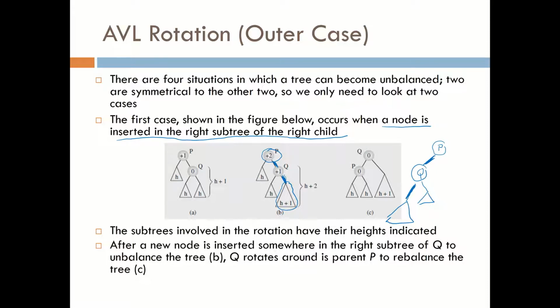Right? So this is the right subtree of P's right child Q, and this is the left subtree here of P's left child Q. So if we add the node here, then that causes an imbalance that is going to be fixed with a single rotation, and that rotation is to basically rotate P and Q. So you notice in this case, we've rotated P and Q in this fashion so that now Q is the root here and P is its left child, whereas when we started, P was the root and Q was its right child.